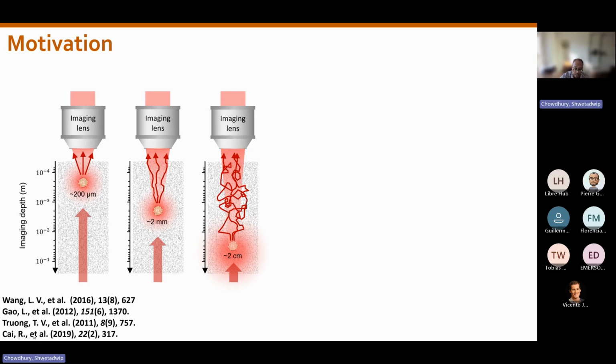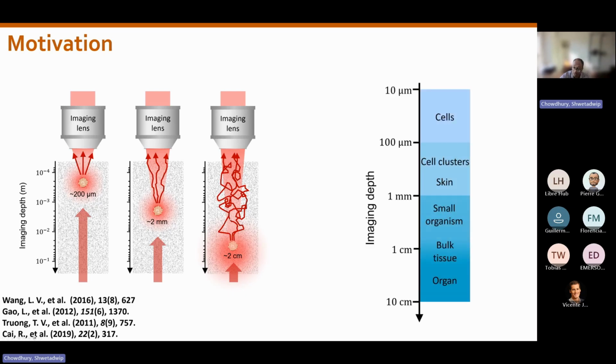So in optical microscopy, this is a big problem because biology occurs at all size scales. If you have samples that are tens of microns thick, like monolayer cells, or basically thin samples, microscopy is great for imaging those types of samples at depth. But as you go towards thicker and thicker samples, like cell clusters, skin, small organisms, once you get to the millimeter range, then optical methods start struggling and you have to use advanced methods.